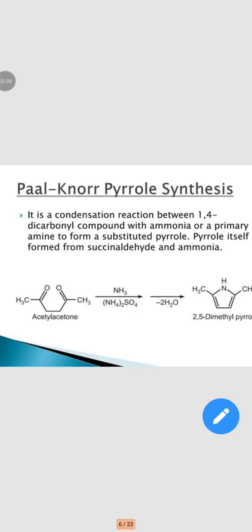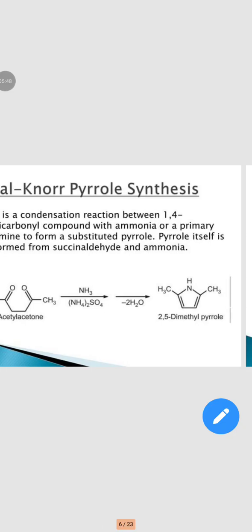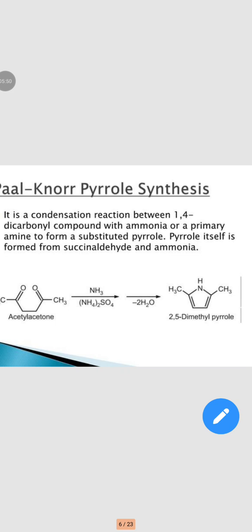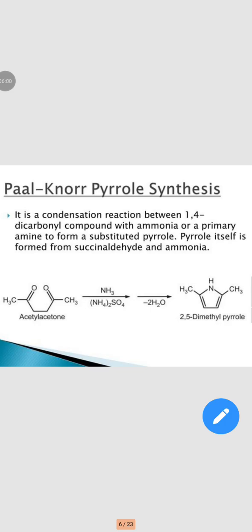Two molecules of water are removed to form a substituted pyrrole. 2,3-dimethyl pyrrole is obtained. In another example, pyrrole itself is formed from succinaldehyde and ammonia.